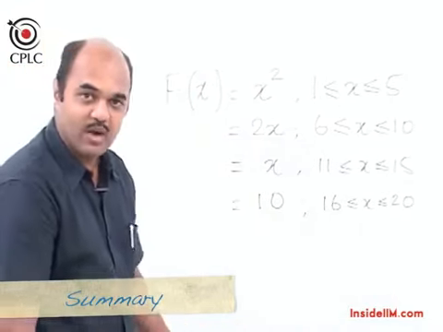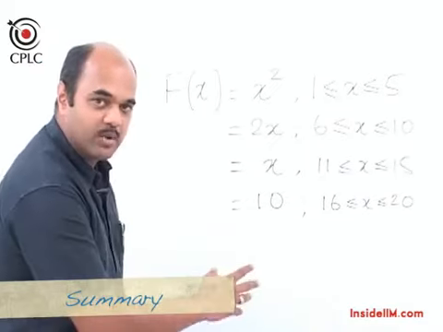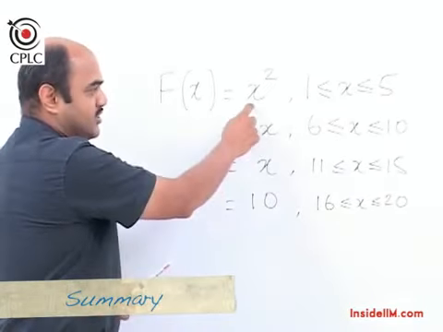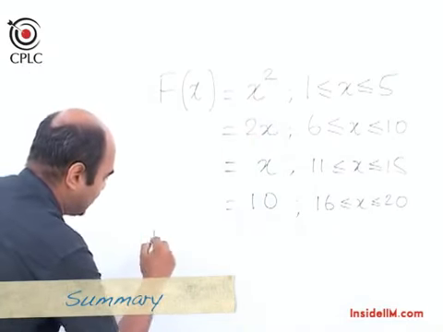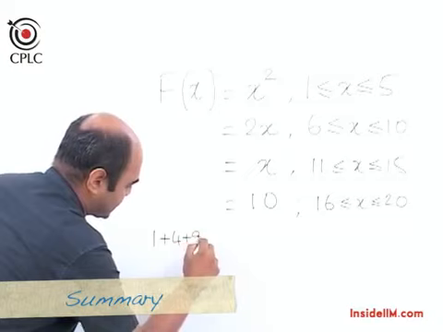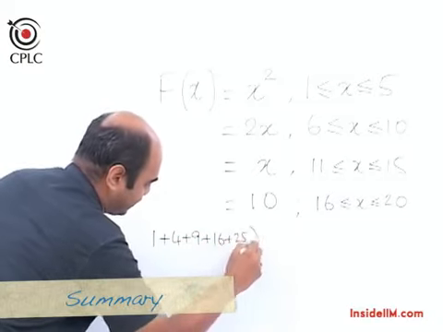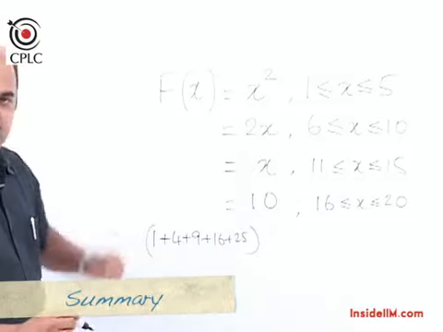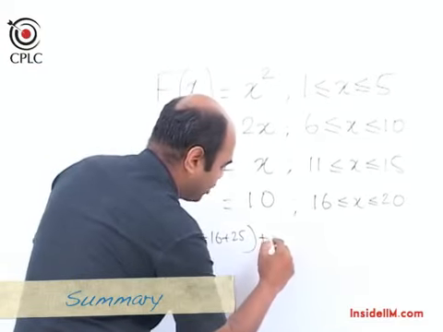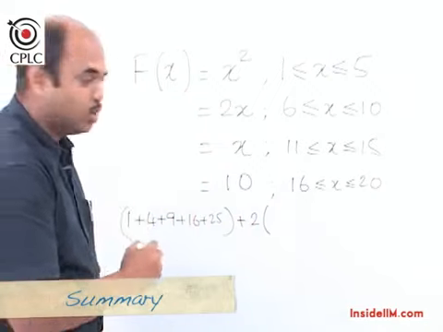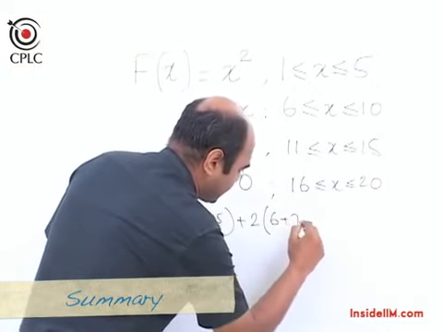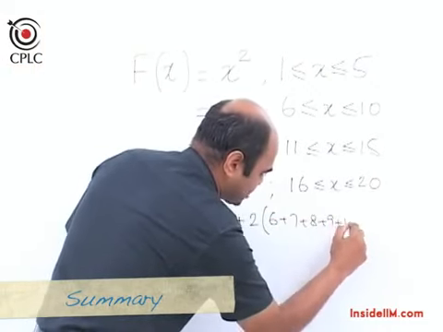And hence now if we look at the total number of runs scored, then in the first 5 overs, we can find out the total number of runs scored as 1 plus 4 plus 9 plus 16 plus 25. In the next set, we will have the number of runs scored as 2 times, if I can take 2 common, 6 plus 7 plus 8 plus 9 plus 10.